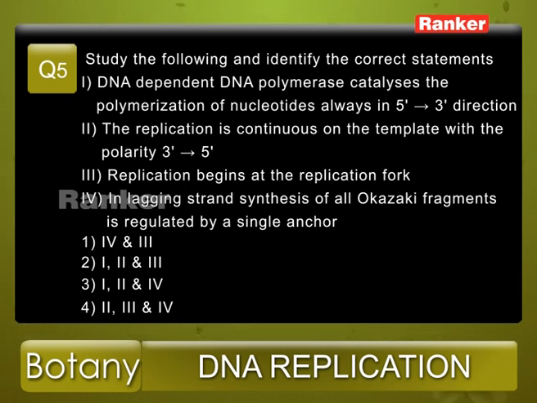Statement 4. In the lagging strand, synthesis of all Okazaki fragments is regulated by a single anchor. Option 1, fourth and third statements. Option 2, first, second and third statements. Option 3, first, second and fourth statements. Option 4, second, third and fourth statements.